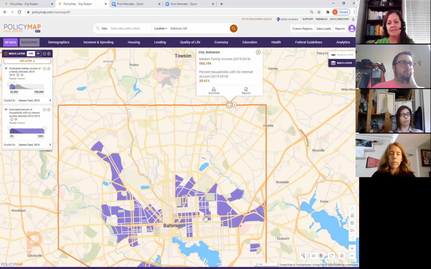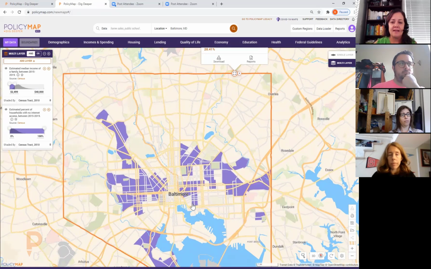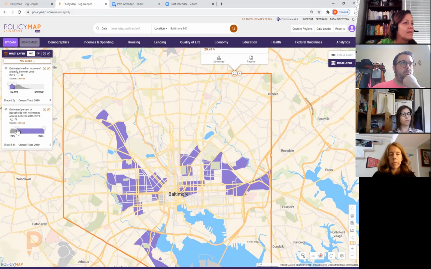During the past year, we've really looked a lot at this data, and it's really been magnified, all these different disparities among different neighborhoods and communities. So here, we can use this slider and see where this is a problem.